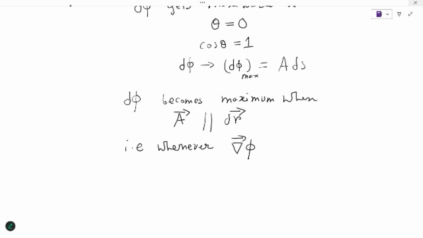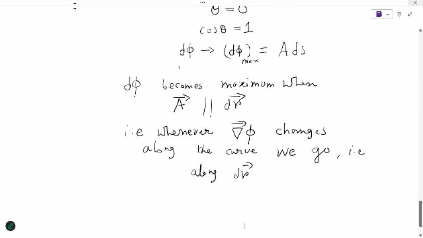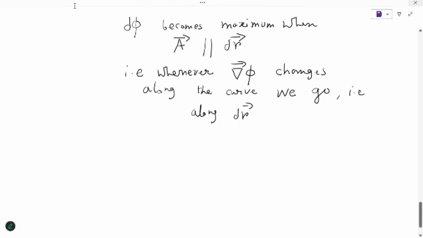Whenever we go along the curve, that is along dr, then d phi gets maximized.